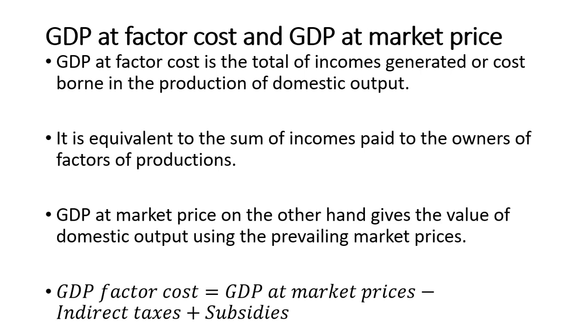So GDP at factor cost is equal to GDP at market prices minus indirect taxes plus subsidies. Alternatively, we can say that GDP at market prices is equal to GDP at factor cost plus indirect taxes minus subsidies. So we can always convert GDP at factor cost to GDP at market prices.